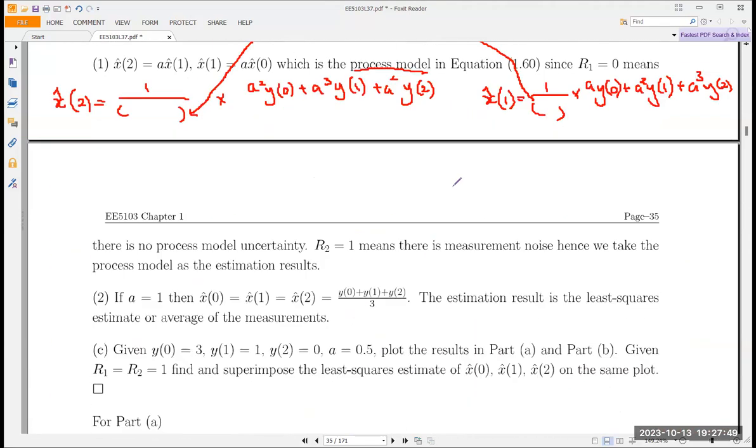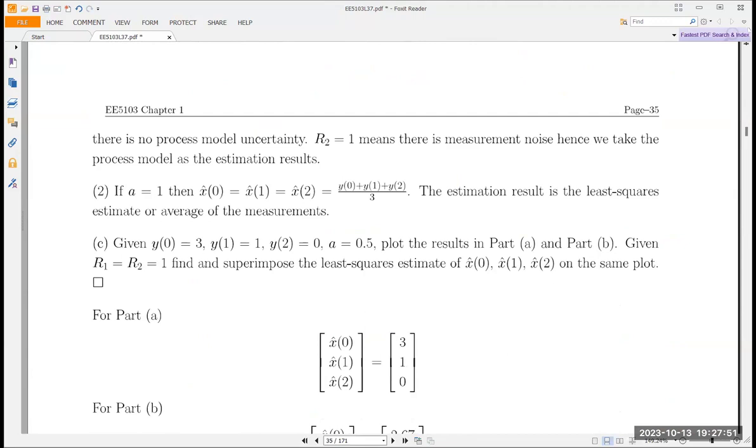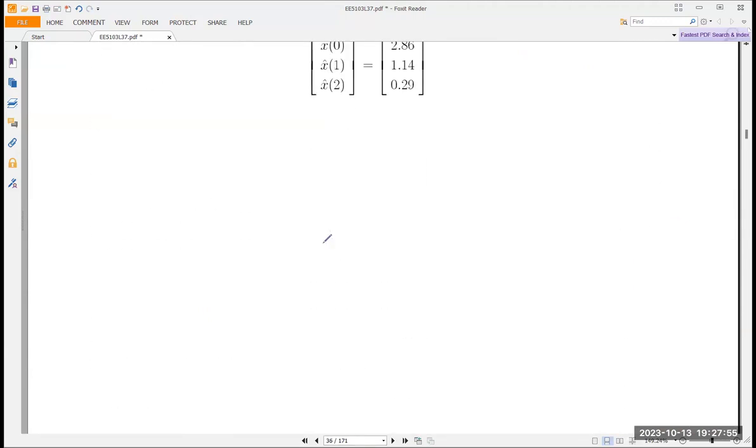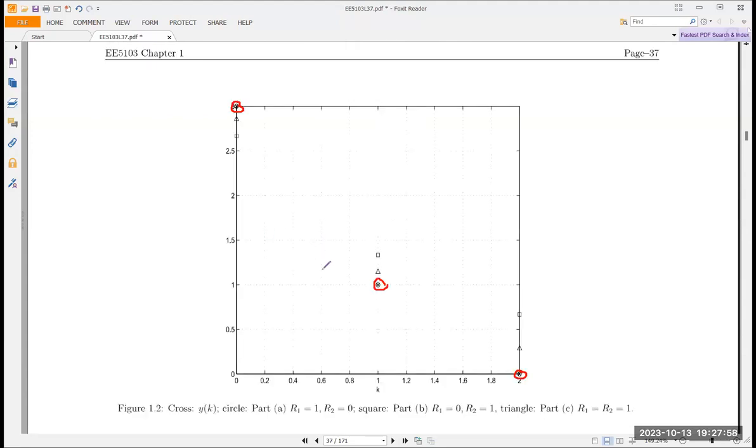Since the question says 3, 1, 0, your estimation will also be 3, 1, 0. Your measurement is also 3, 1, 0. Okay, so that's part A.